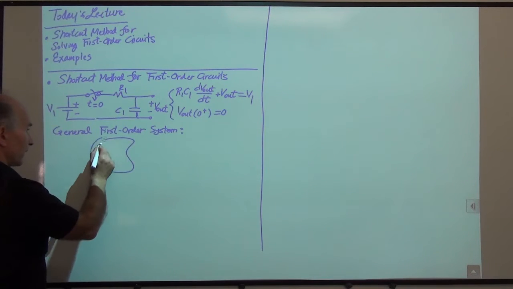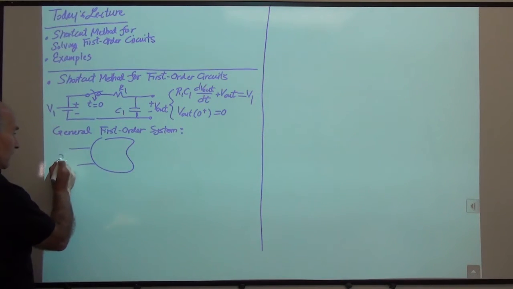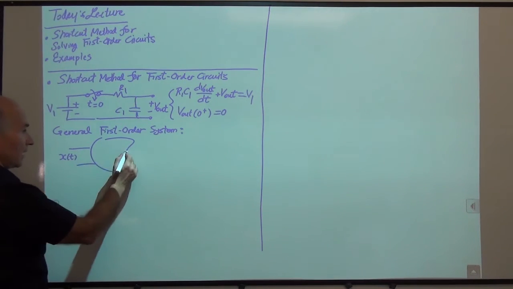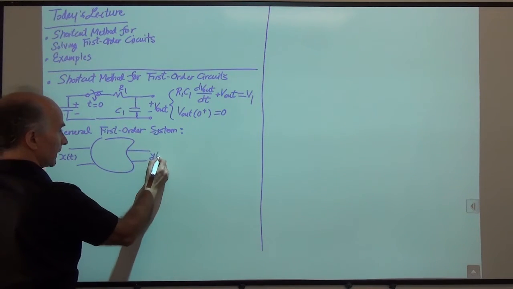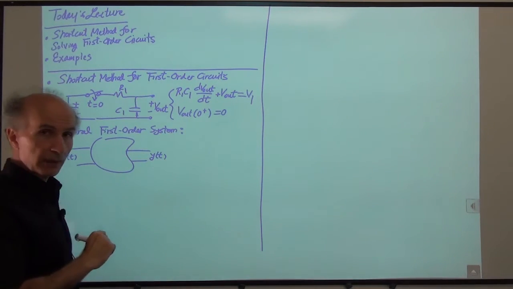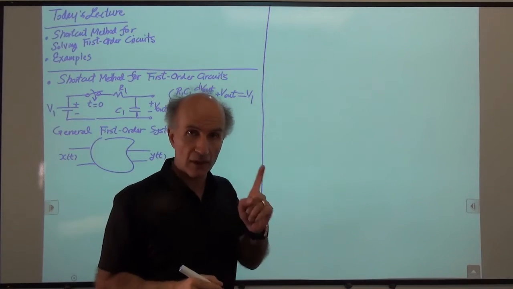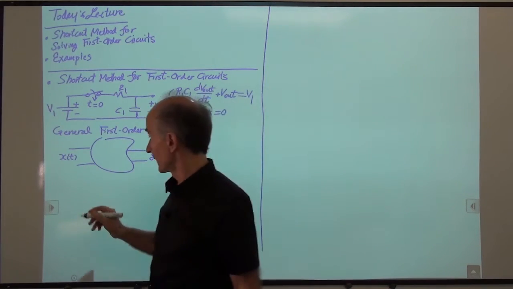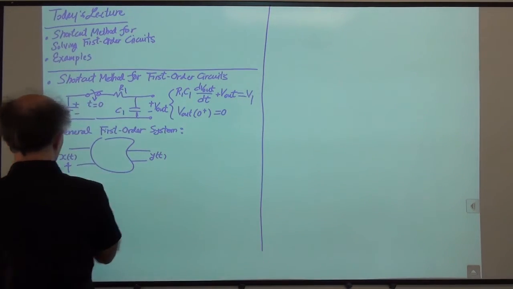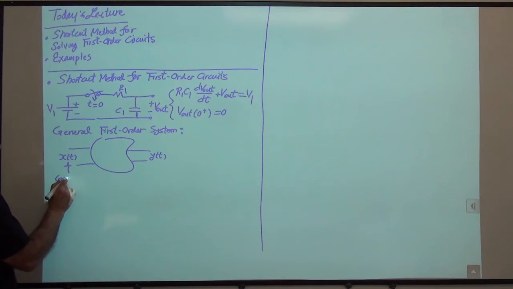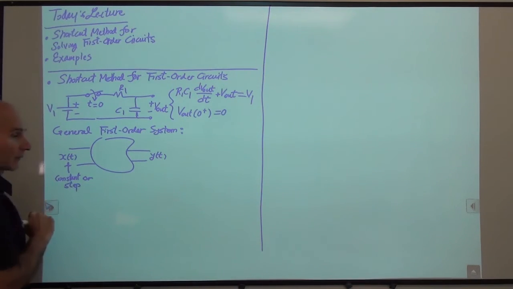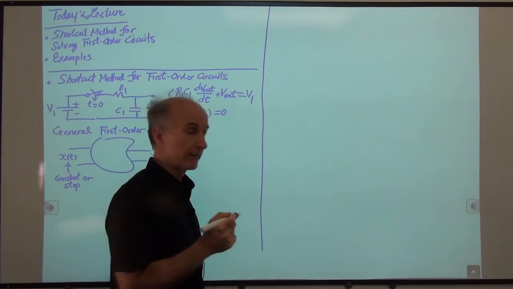So suppose I have a first order system, x of t going in, y of t coming out. And x of t is either constant or a step. A step function.